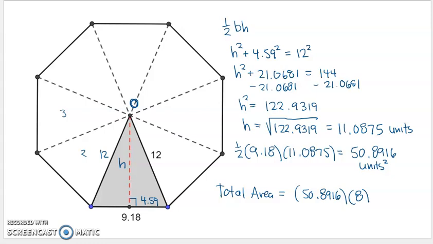Let me go to my calculator really quick. 50.8916 times 8. I get the total area, and again, this is rounded to 4 decimal places, of 407.1328. And again, that is units squared because it's a measure of area.